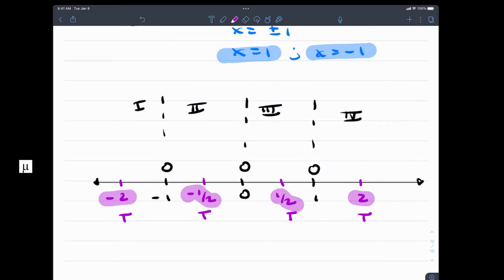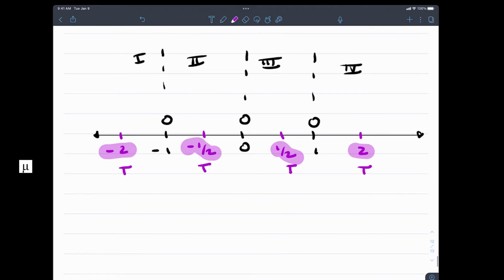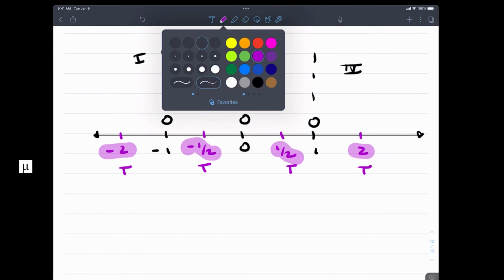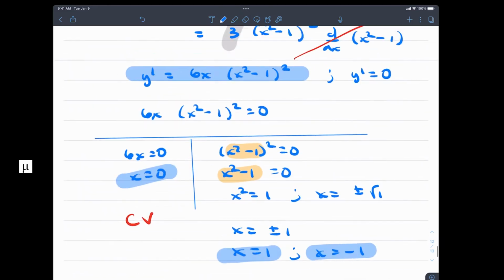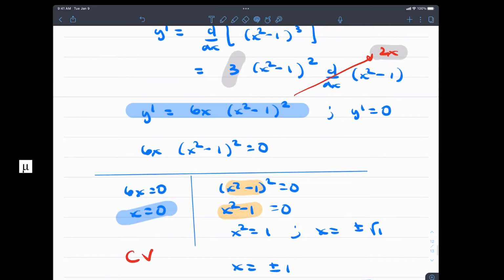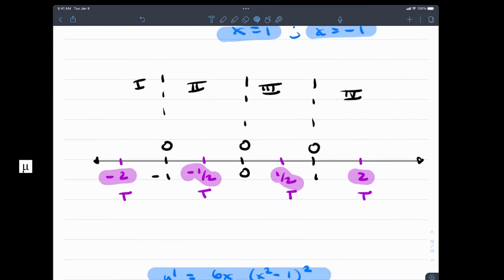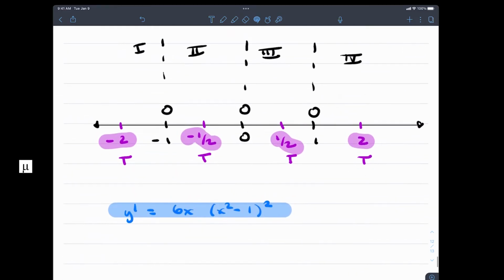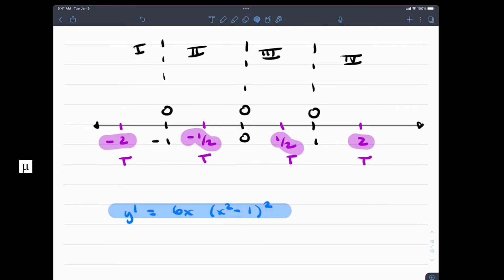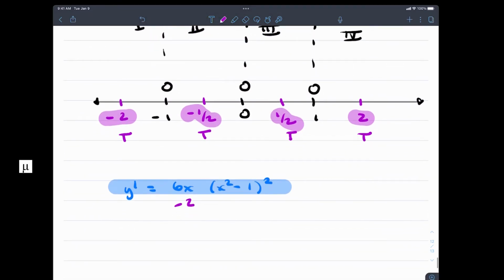We got to find the signs of these regions, and we got to find it for that first derivative right in here. Okay, you guys ready for that? We're going to plug in what? Negative 2.